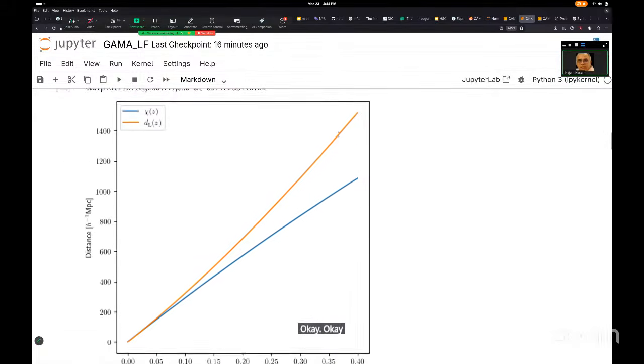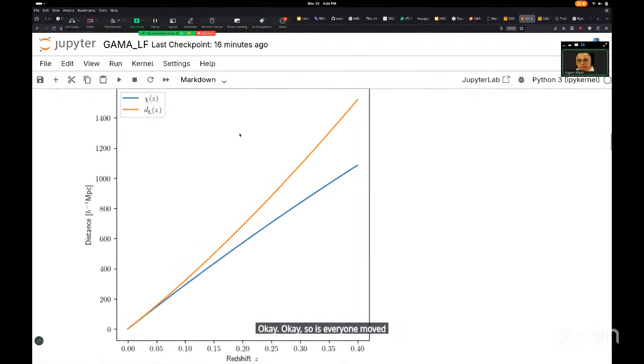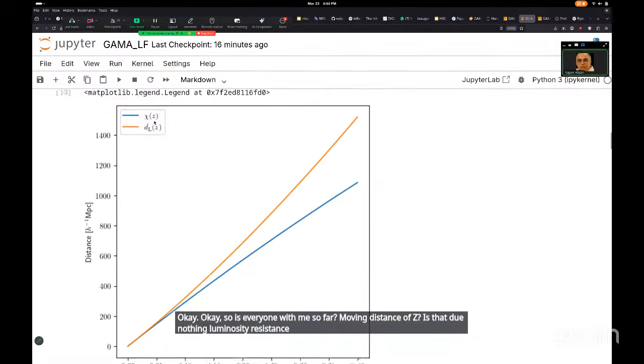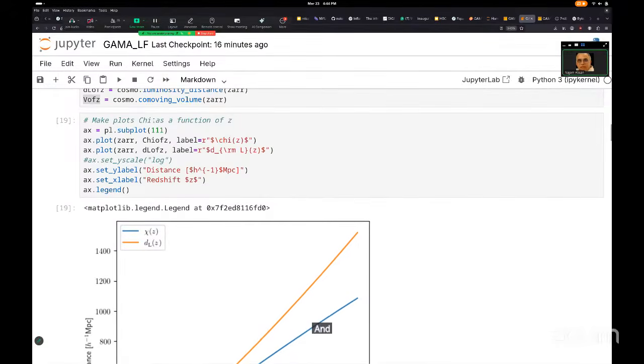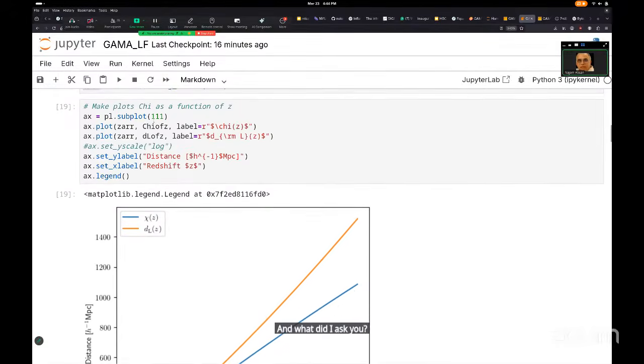Okay, so is everyone with me so far? Comoving distance of z is that blue line. Luminosity distance is the orange line. And what did I ask you? To check that the ratio of D_L of z by chi of z is the same as 1 plus the redshift.